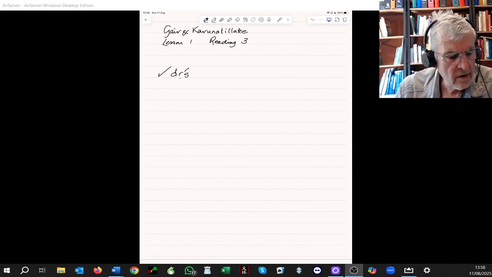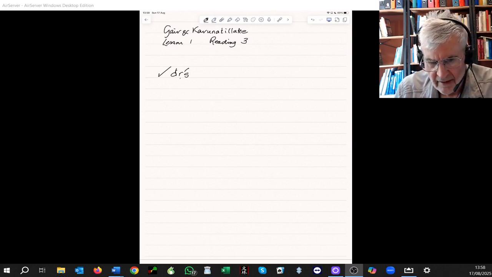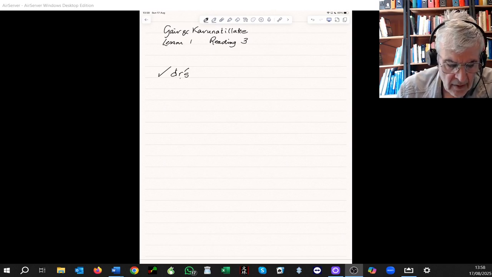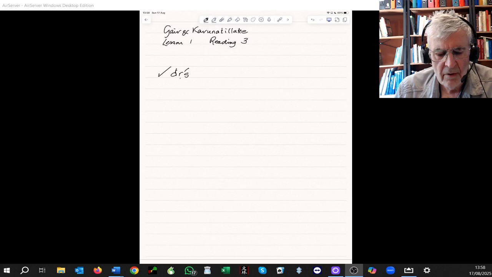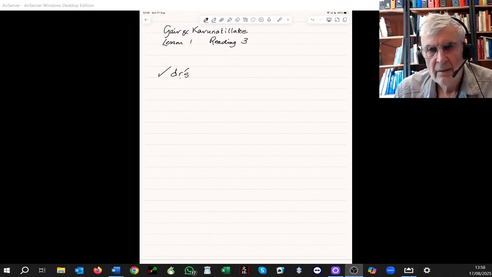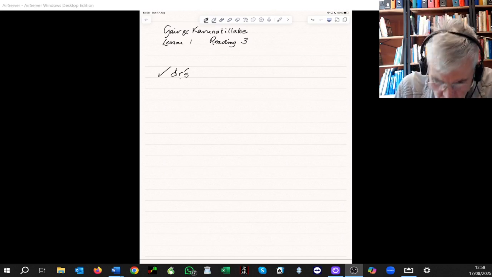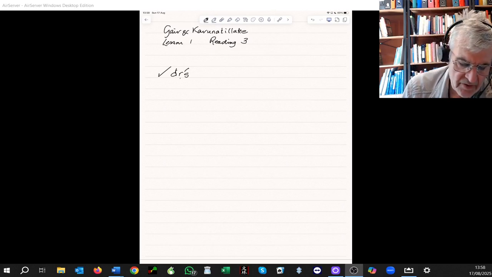Now, I explained earlier that you form the past participle by adding ta to the root. You can equally form many verbal nouns, that's the name of the action, like to see, and then a view, a seeing, by instead of ta adding ti to the root. Not all of them, it doesn't always work, but it very frequently does. And this is such a word.